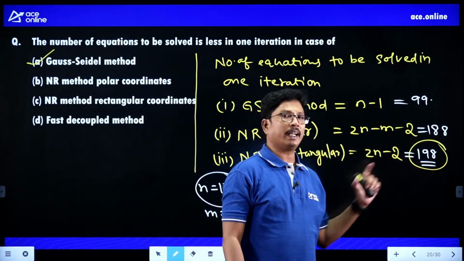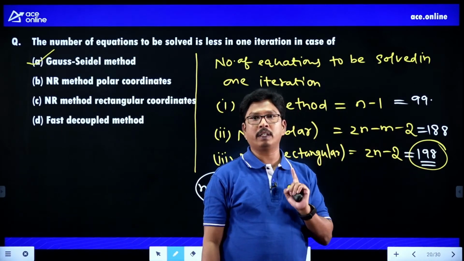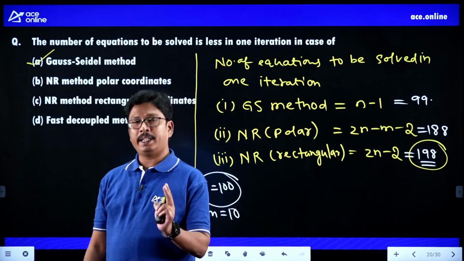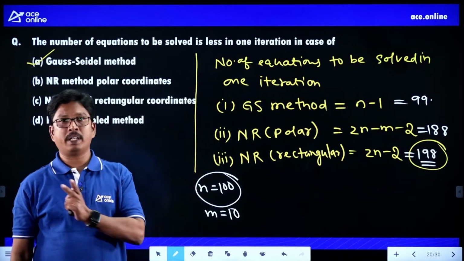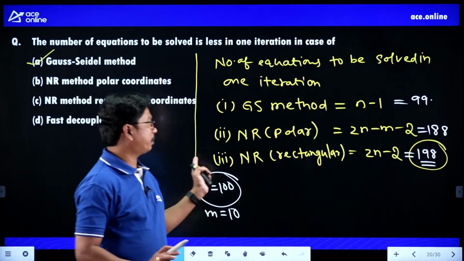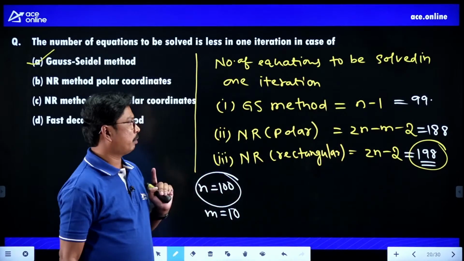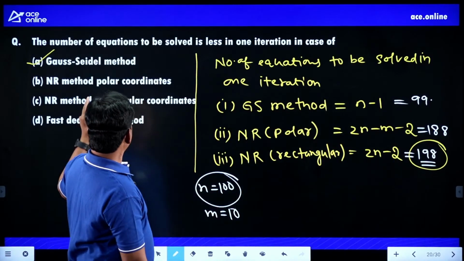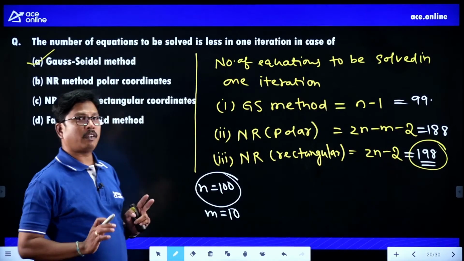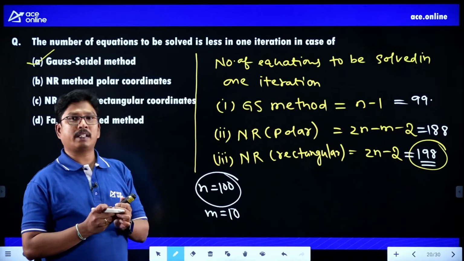Because it is going to take more equations to solve in one iteration. So for us, the Newton-Raphson method means NR polar coordinates only. Clear, right? Because we need to solve more equations in one iteration. So compared to the Gauss-Seidel method, the Newton-Raphson load flow method will take less time for convergence.